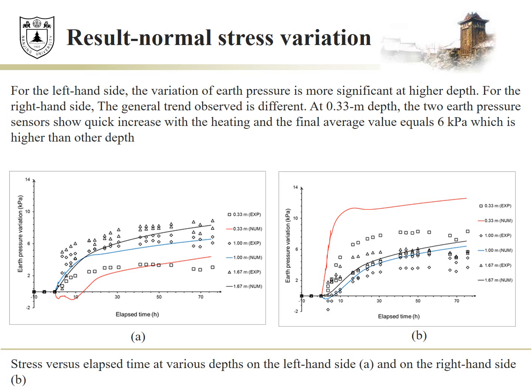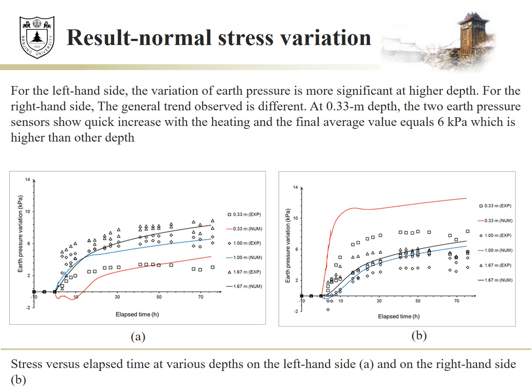The numerical results corresponding to the sensors at 1 meter and 1.67 meters depth show good agreement with the experimental ones for both sides. Even the decrease of the earth pressure cell at 1 meter depth on the right-hand side was well predicted.